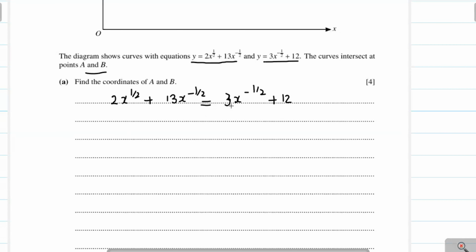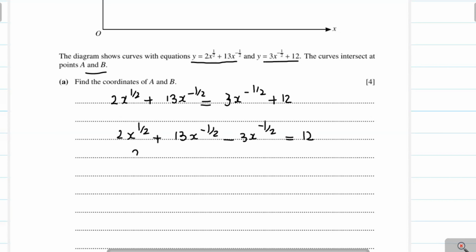Now we shift the 3x power minus 1 over 2 from right to left side. This becomes 2x power 1 over 2 plus 13x power minus 1 over 2 minus 3 into x power minus 1 over 2 equal to 12.